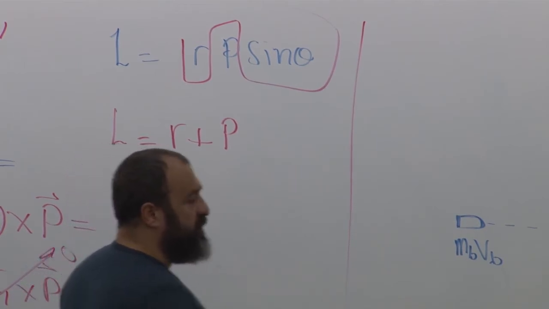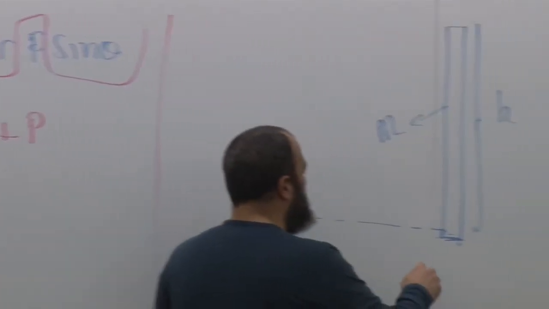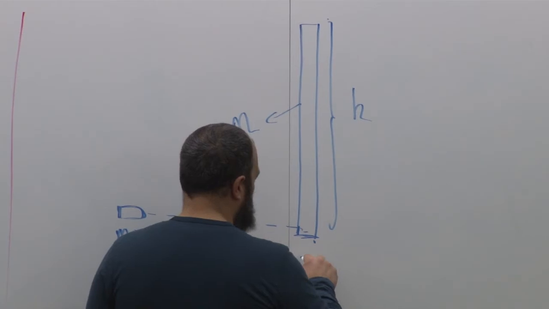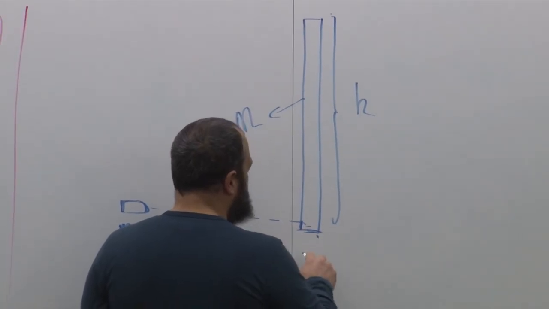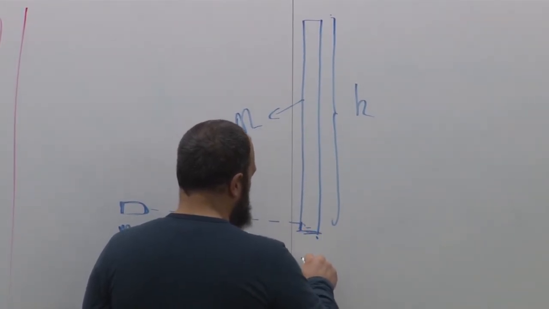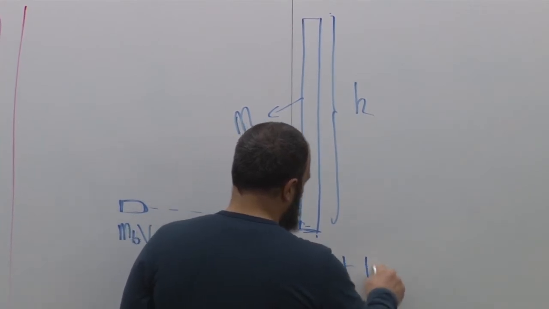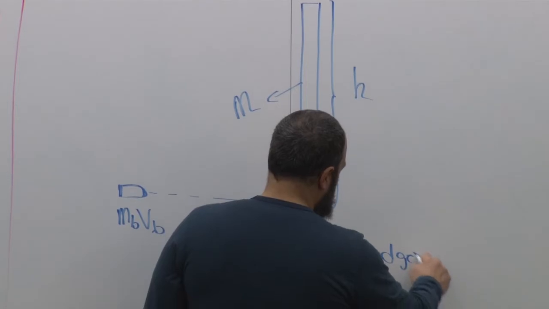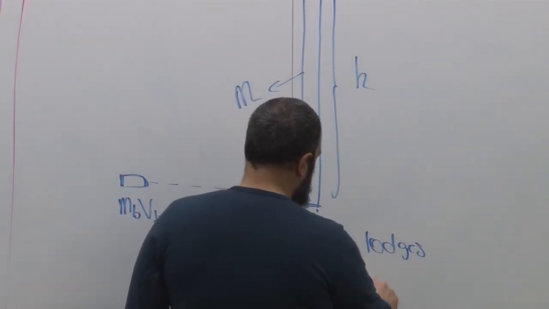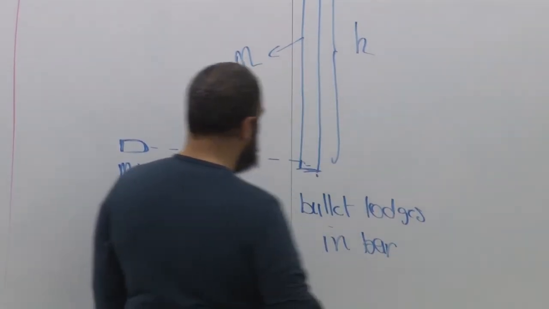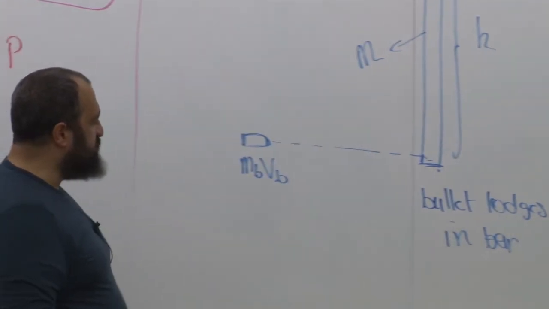Okay, so you fire a bullet at this bar and it lodges itself here. The bullet lodges itself in the bar.